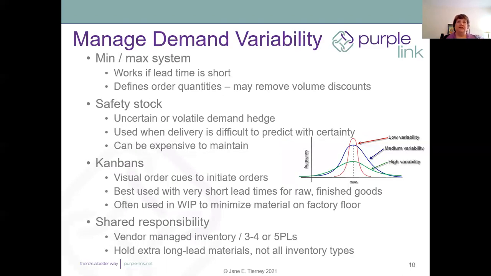So you want to manage your variability of demand. Min-max systems are a good thing to do. If you've got short lead times, you say, we're going to buy up to this much. And then when it gets down to the minimum level, that says we're going to buy more. If you can replenish quickly, therefore you have a shorter lead time, that can be a good thing to do. And sometimes that works very well with situations where you have a minimum buy from your supplier.